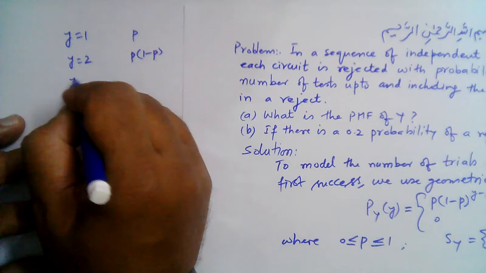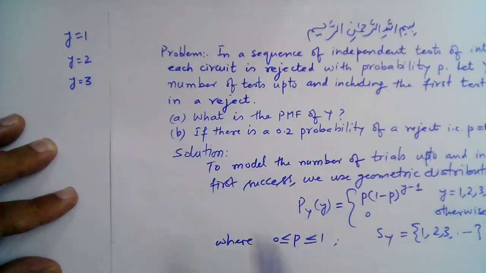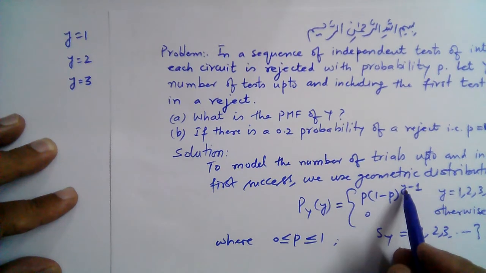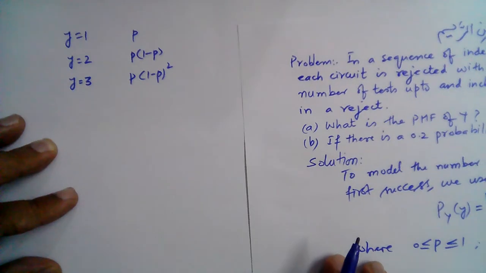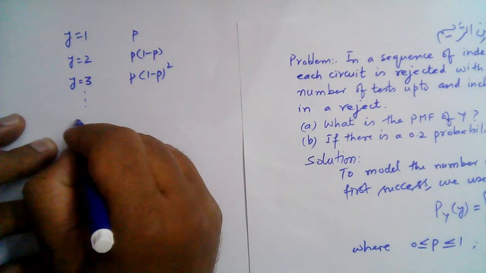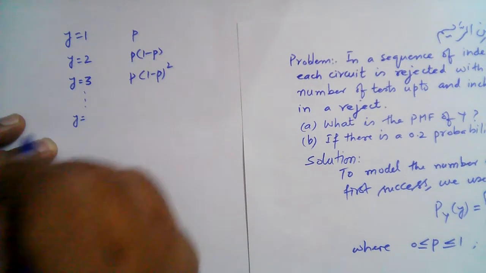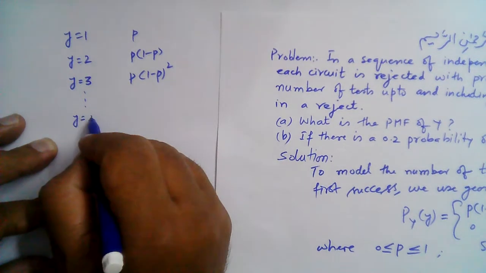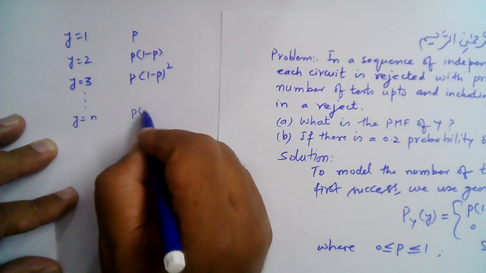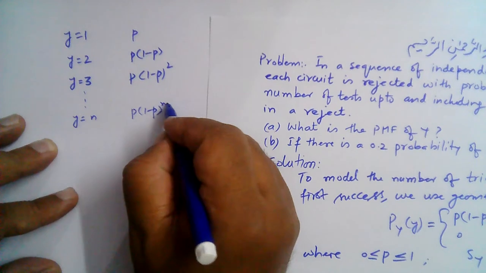And if we put y is equal to 3, then we get P into (1 minus P) raised to the power 3 minus 1, which is (1 minus P) squared. If we go on like this and put y equal to some value n, then we get P into (1 minus P) raised to the power n minus 1.